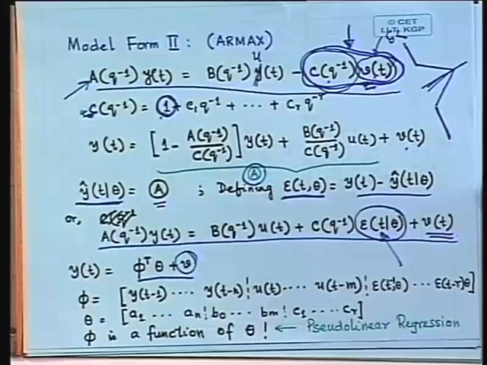Who gives you theta? Theta is what you want to estimate. Nobody will give you theta, the ABC parameter values. How will you compute this? If you want to put it as phi transpose theta, this will become elements of phi. But for computing this, you need theta, and you don't have theta.